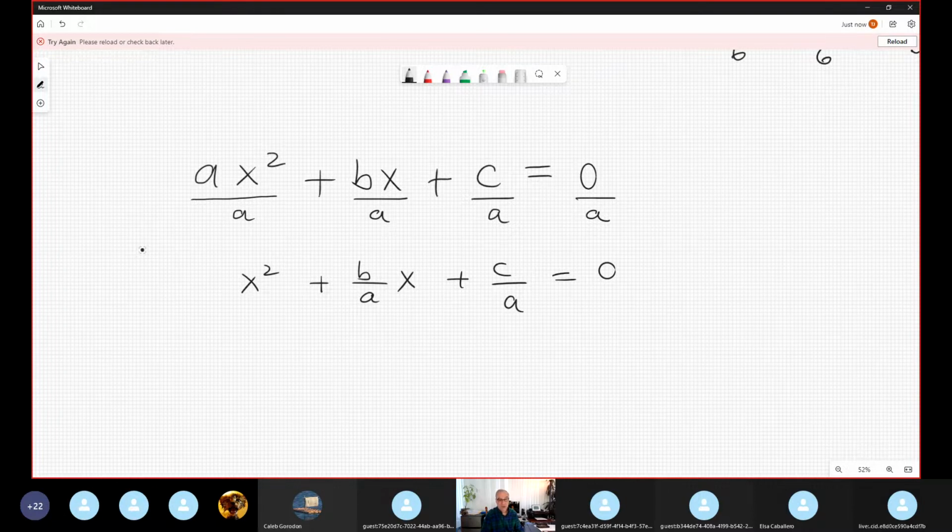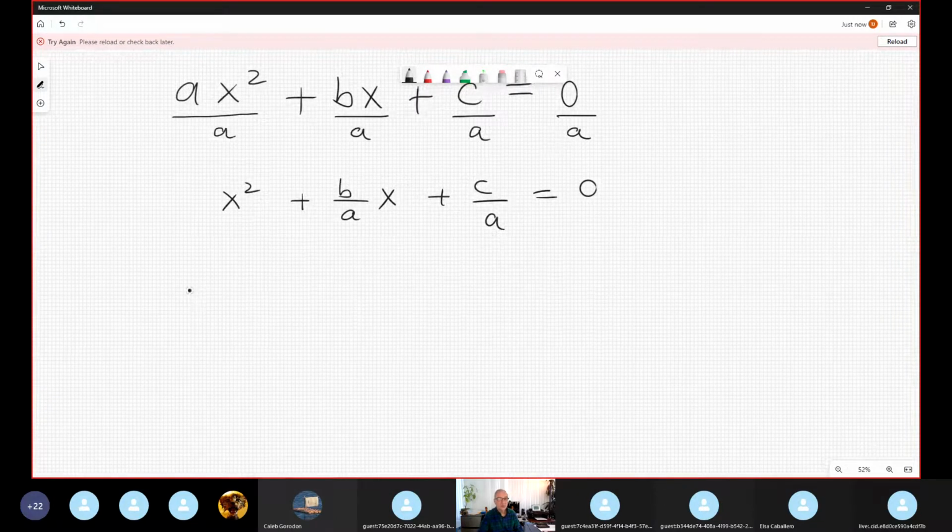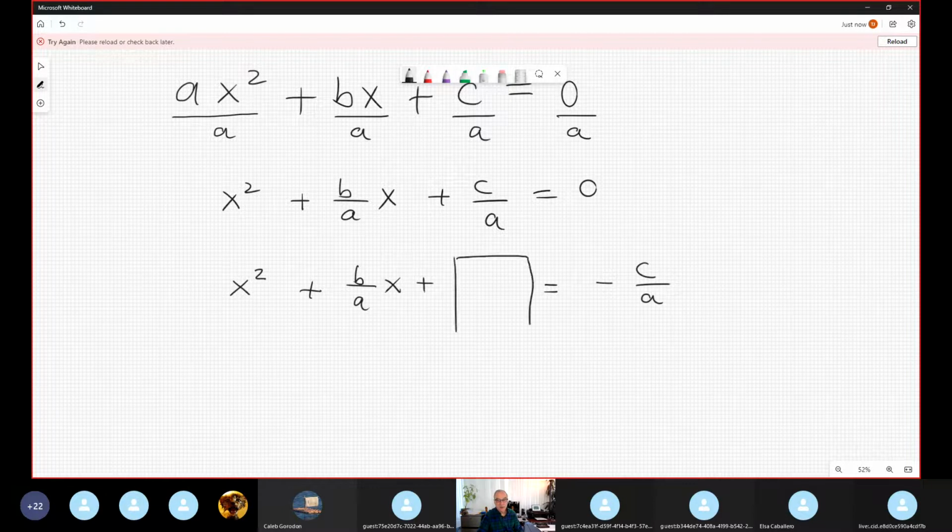Okay, now what should I do? Well, I want to move this to the other side: minus c over a. And I create the magic number to complete the square. And remember the formula.